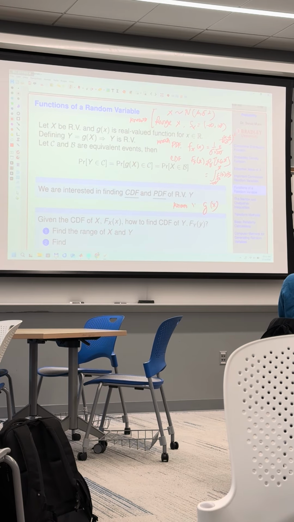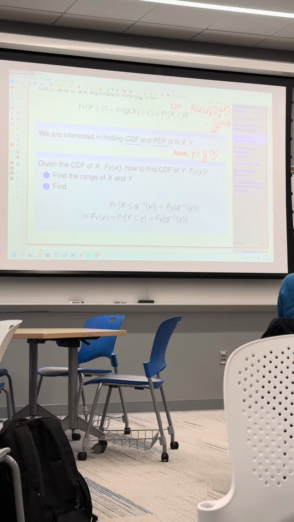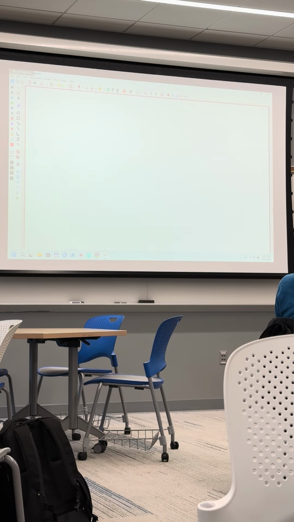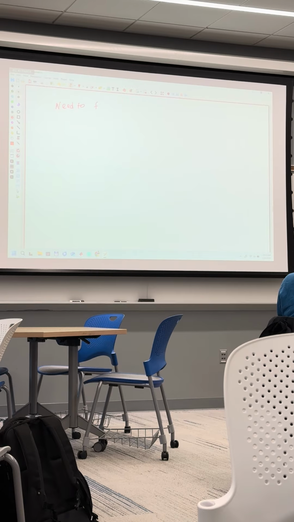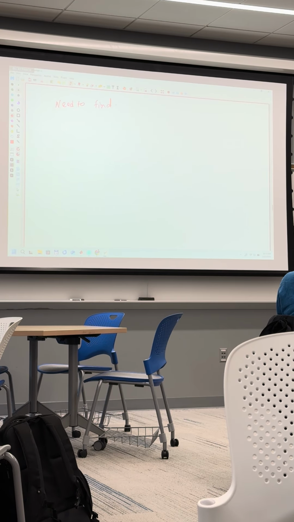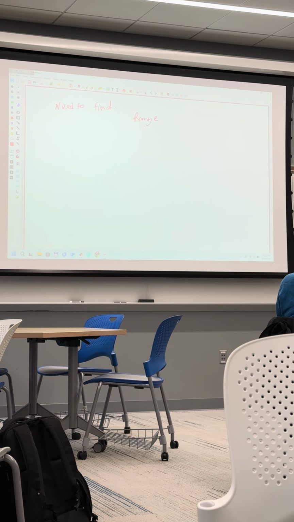And we call this y equals g of x. So therefore, because this function is known, the main idea here is that we need to find the range of y, because y equals g of x.